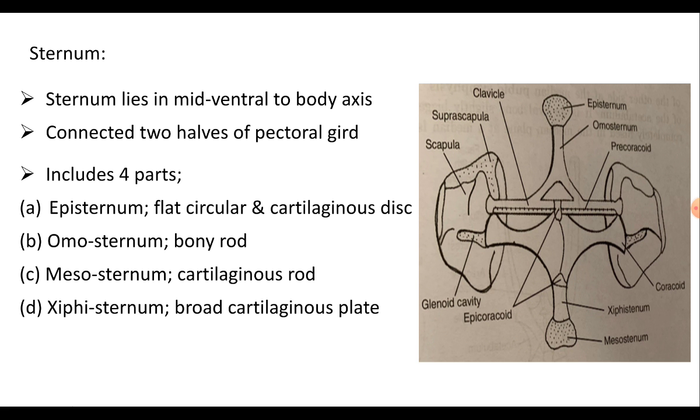The mesosternum is a cartilaginous rod which is ensheathed in bone and projects behind the epicoracoids. The terminal broad cartilaginous plate is called the xiphisternum. And there are no ribs in the frog endoskeleton, where in frogs cartilage and bones are attached to the pectoral girdle only, and it acts as a skid.